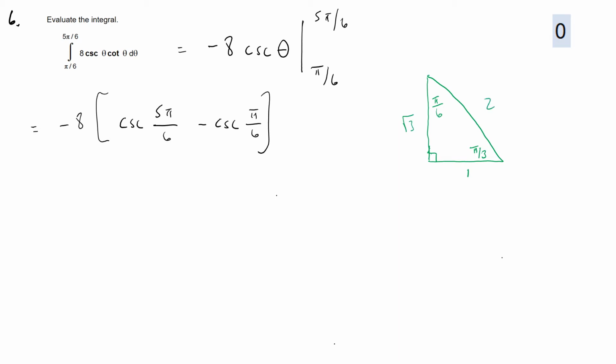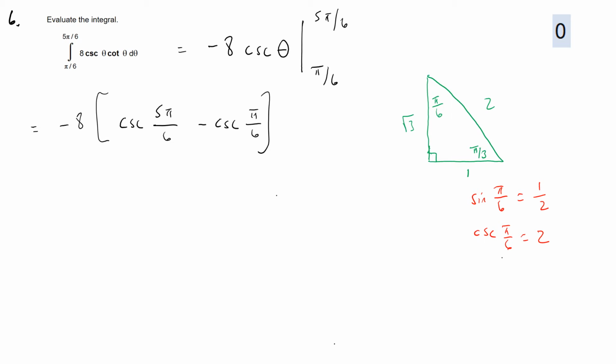Now I need cosecant, so what I could do is remind myself that sine of pi over 6 is 1 over 2, right? Sine is opposite over hypotenuse. So that means cosecant pi over 6 would be 2 over 1, or just 2. And so cosecant pi over 6 is equal to 2.